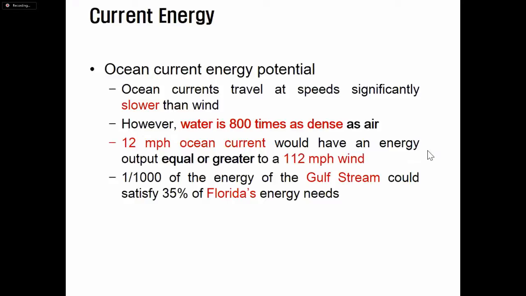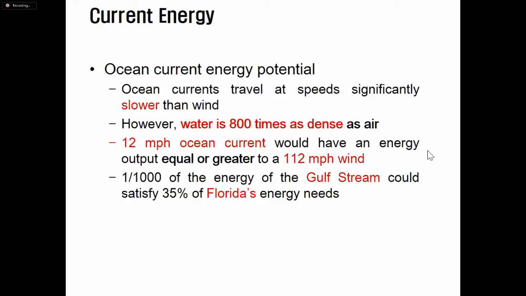Ocean current energy potential. Ocean current speed is slower than wind, but the density is 100 times higher. So a 12 miles per hour ocean current would have an energy equal to or greater than 100 times wind.